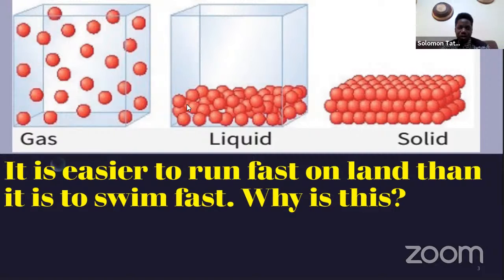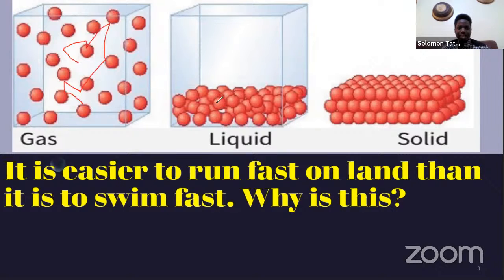Okay, good. So when you're running on land, you are facing the resistance of air, or gases. They're the ones that are pushing you backwards to make sure that you don't run in front. And we see that the particles in air are far apart, meaning someone who is running on land will face little resistance.